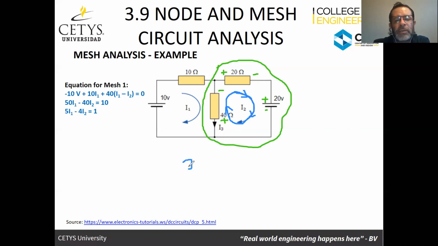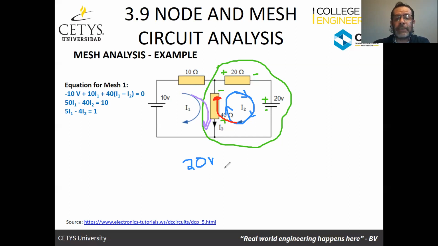So it's going to be 20 volts. Then I'm going to go to the 40 ohm resistor, and notice that in the 40 ohm resistor, again, both currents are interacting. So I2 is going like this, and I1 is going like this. So they're going against each other.